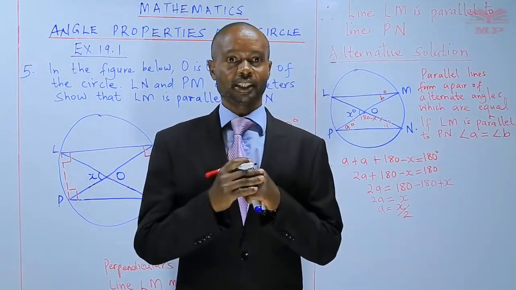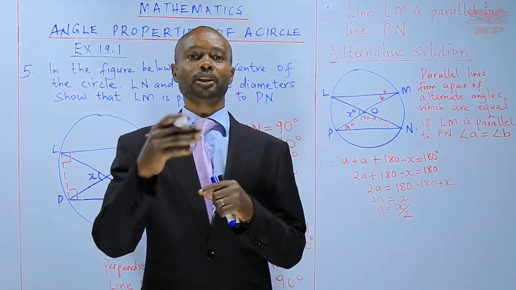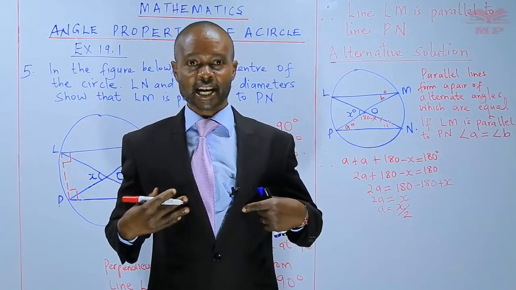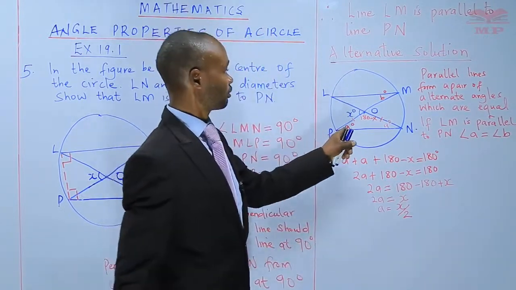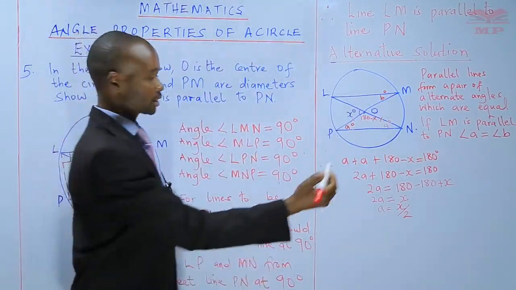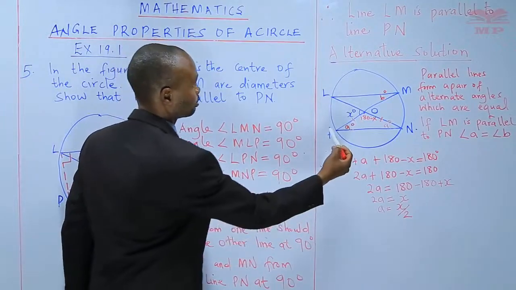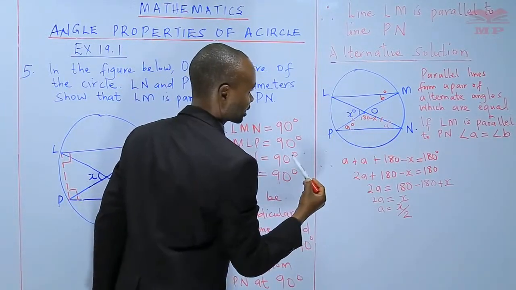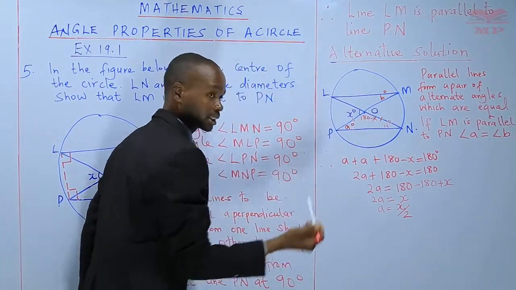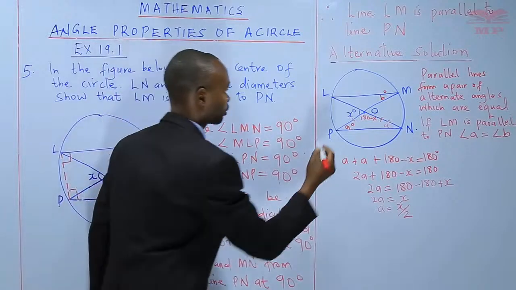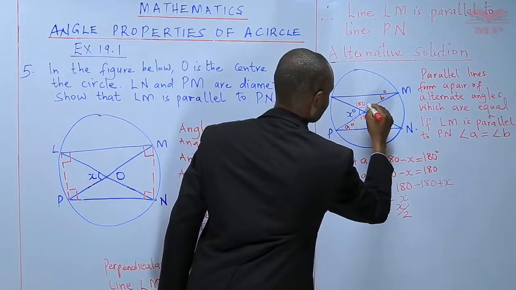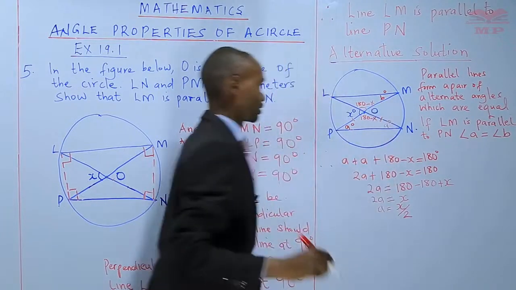I've already got the value of A. My next step will be getting the value of B to ascertain whether it is equal to A, because the alternate angles I was talking of were A and B. So I'll go back to that diagram. Given that PON is 180 minus x, it is directly opposite to LOM. Directly opposite angles are equal, so this angle will be 180 minus x.